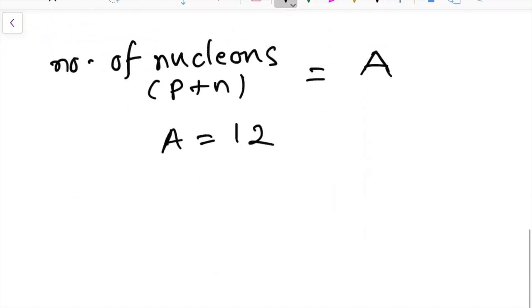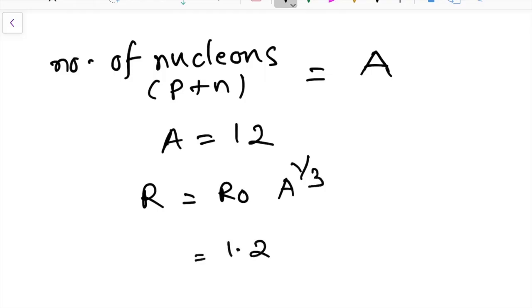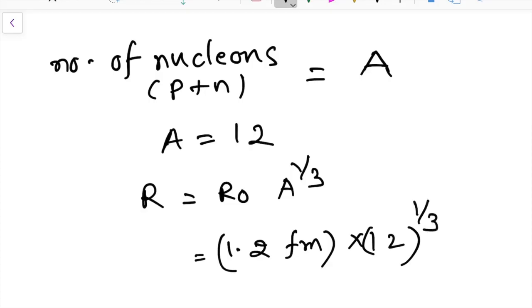Let's find the radius of the nucleus of carbon. The formula we know is R equal to R naught into A power 1 by 3. R naught we know is 1.2 Fermi. So 1.2 Fermi times 12 power 1 by 3. If you do the calculation, it is nearly equal to 2.7 Fermi.